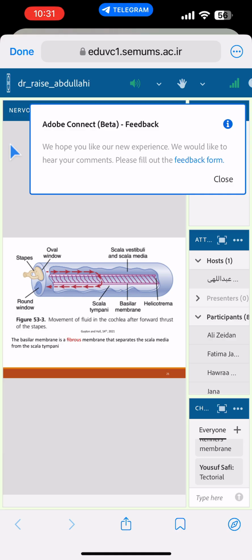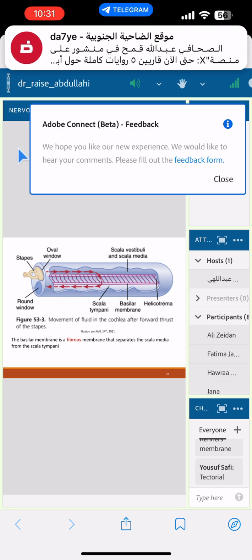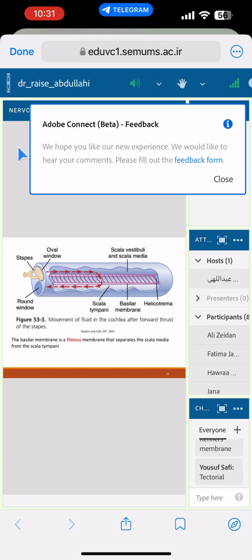Now, in this slide, you can see a cochlea that is open. In fact, we suppose that you unscrew the spring of the cochlea.